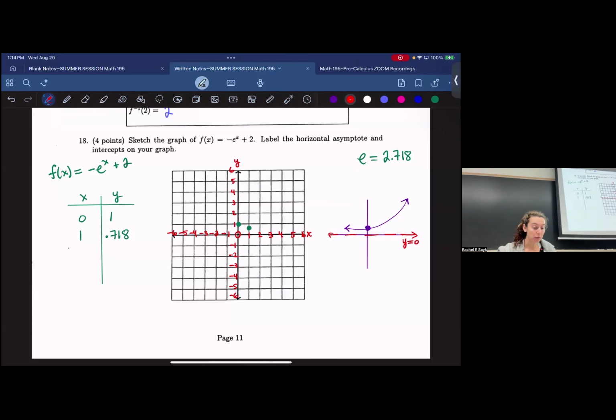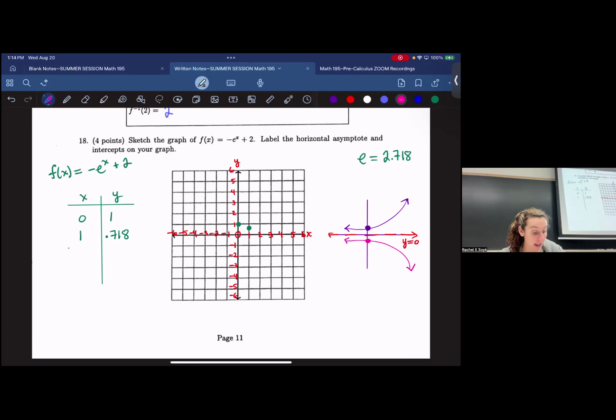Which means if we reflect it over our x-axis, that doesn't change our horizontal asymptote. It just flips the graph entirely.